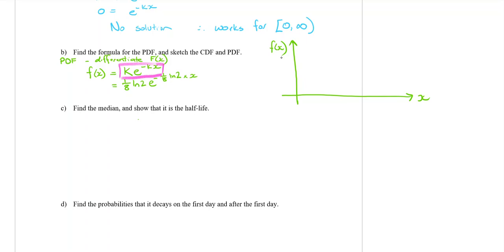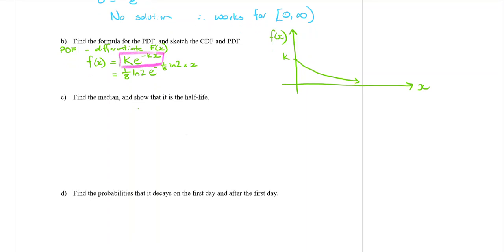If I were to sub in that x was equal to 0, the exponential part would become equal to 1, which means that my intercept here will be at k. Then, because of the negative power on the exponential, it is going to be decreasing and approaching a horizontal asymptote of y equals 0.